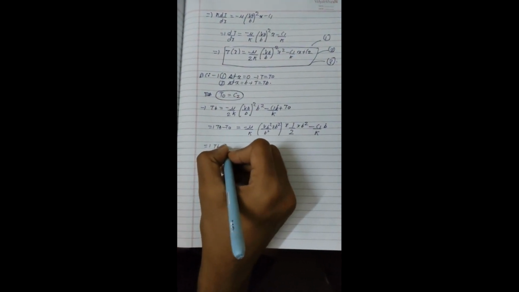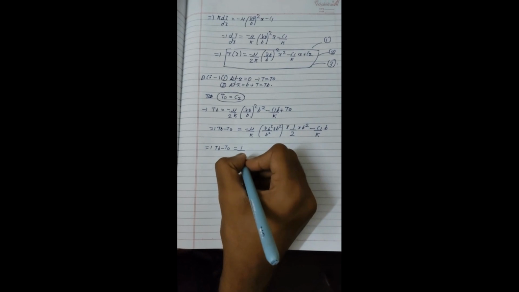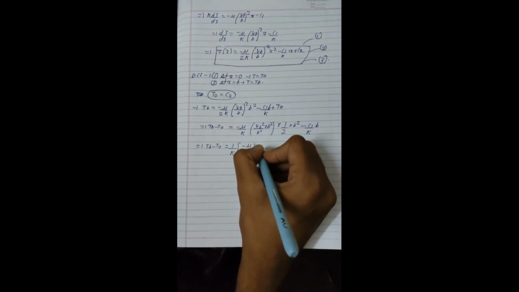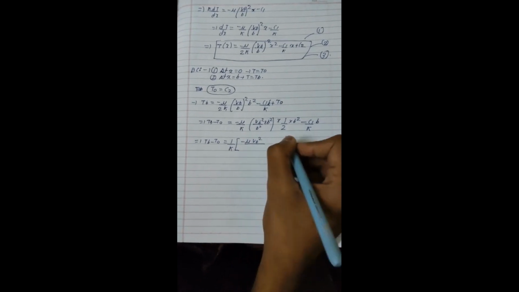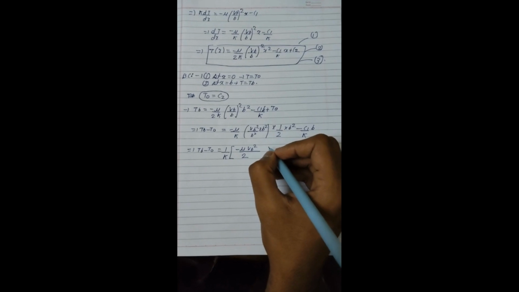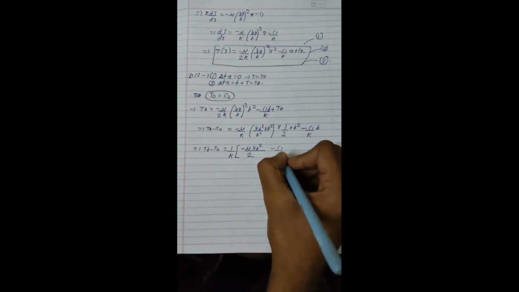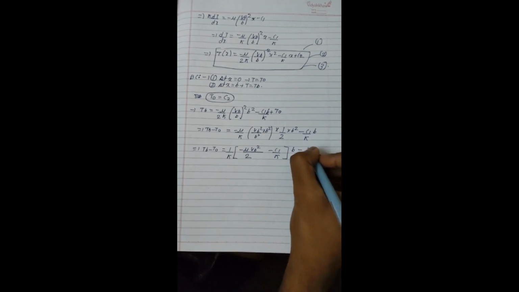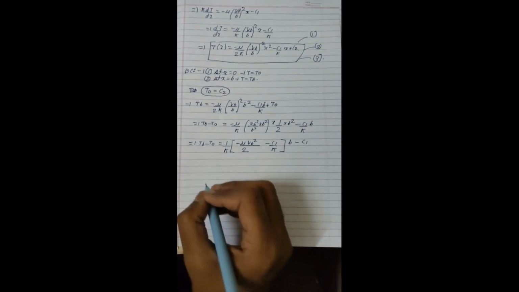Now that is TB minus T naught. We take 1 by k as common. We will get equation as minus mu VB square, and that would be 2 upon 2 minus C1 upon k, and we are taking B common, B, that's going to be with minus C1.